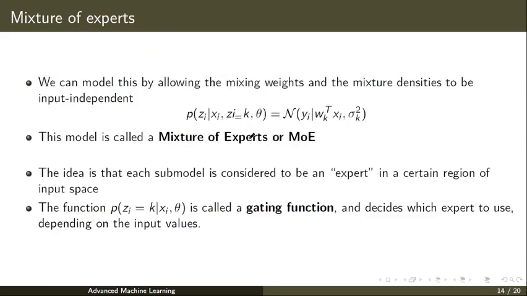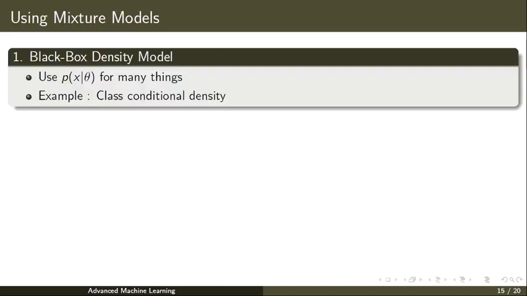So it's one direct usage: the class conditional density of a particular model can be found by using mixture models.